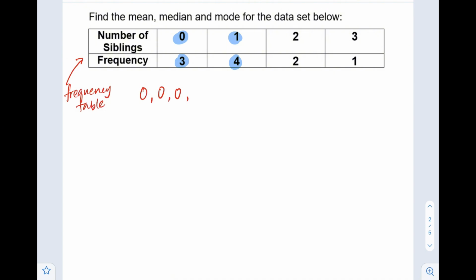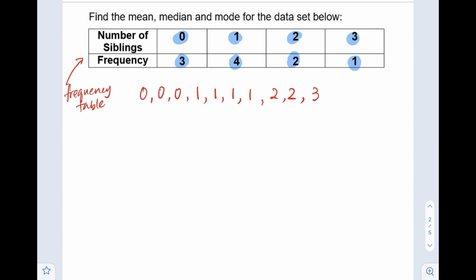So this means that the data set has 4 ones. Then followed by 2 twos because 2 people have 2 siblings. And finally, 1 person has 3 siblings. So the last value in the data set is 3.